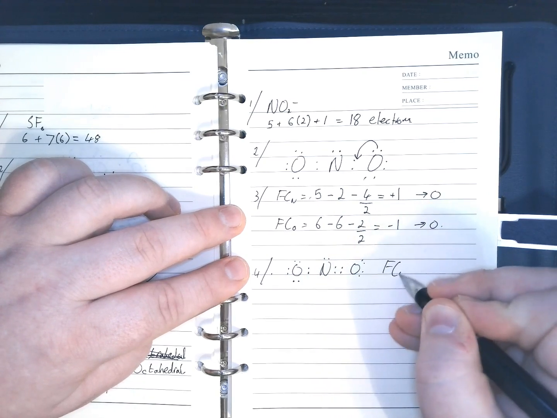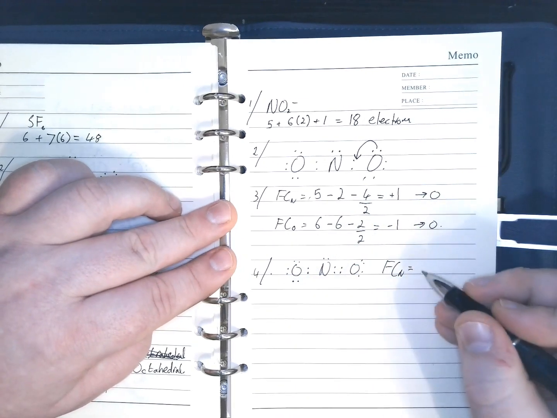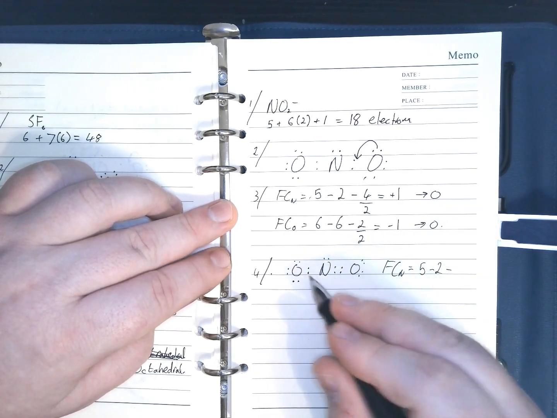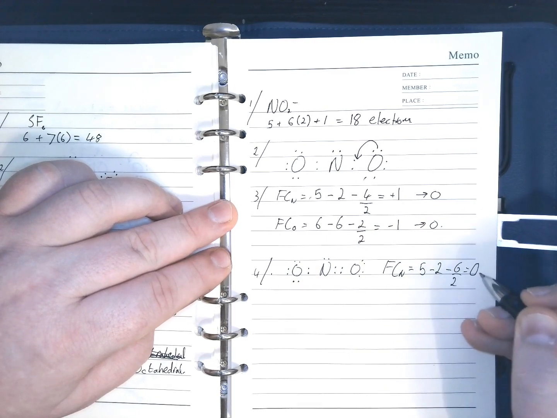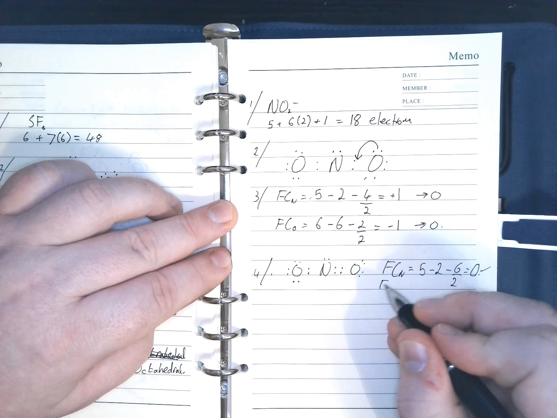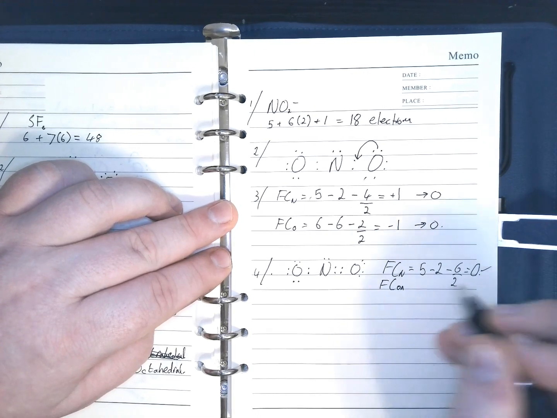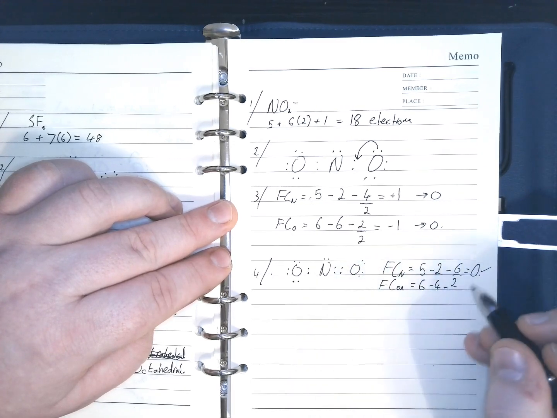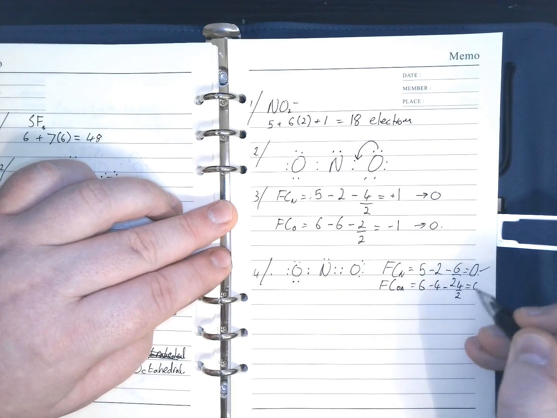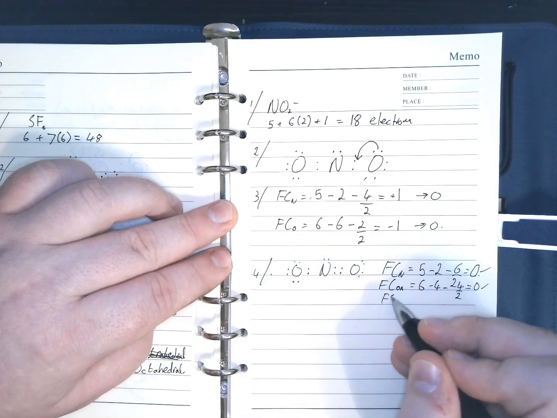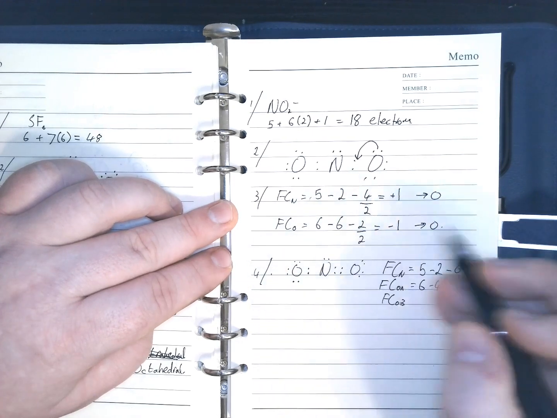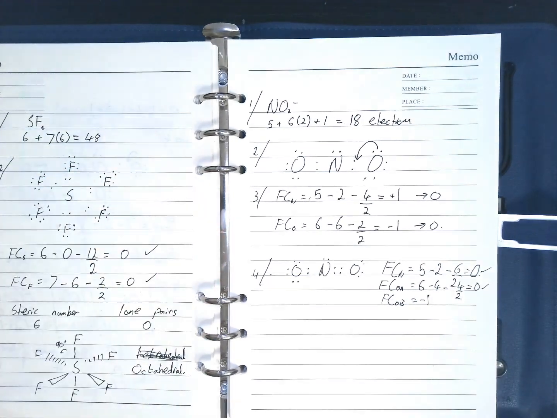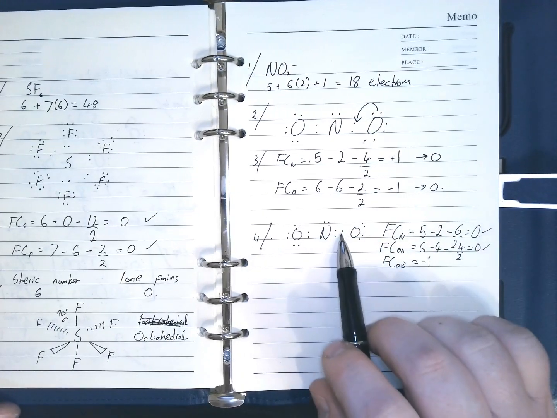So now our formal charge of nitrogen is going to be equal to 5 minus non-bonded, 2 minus bonded, 1, 2, 3, 4, 5, 6, divided by 2, which is equal to 0 now. That's fine, that's perfect. And formal charge of oxygen, let's say oxygen A again, is going to be 6 minus non-bonded, which is 4, minus our bonded, which is going to be 4 divided by 2, equals 0. And the formal charge of oxygen B, remember, is the same as this one because it's not changed, so this one's equal to minus 1. Okay? So now we know that we have a double bond here.